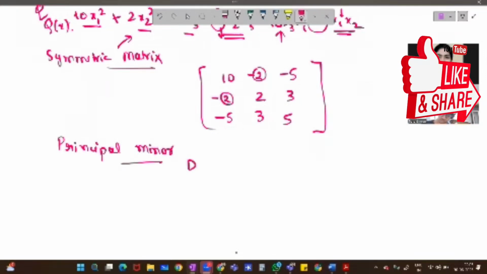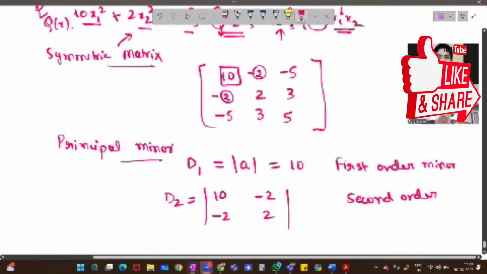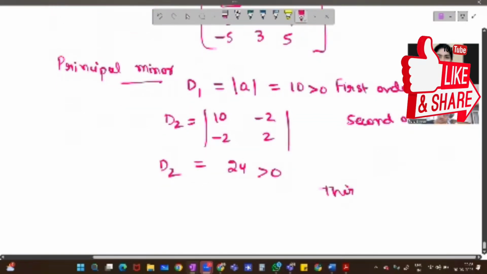So first I'll find the first minor, D1, the determinant of the first element, which is nothing but the first element only, 10. Then D2 would be 20 plus 4, 24. So this one is also positive.